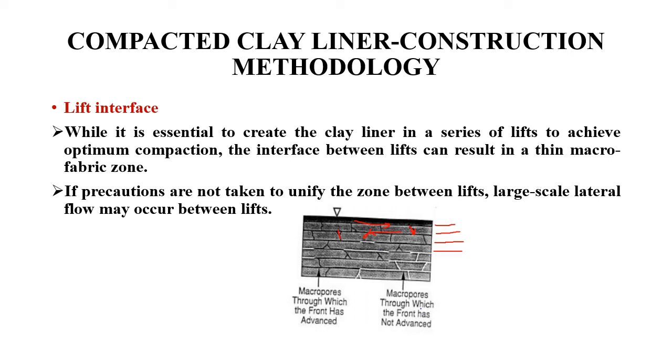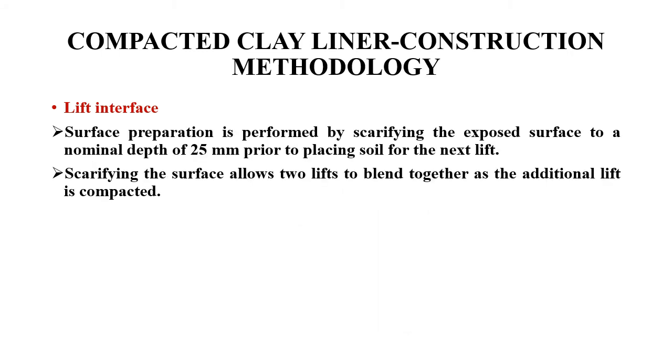Now to make sure that your lift interfaces are bonded properly, so that no such leakage or flow happens, once one of the soil lifts is laid and compacted, normally we do a process called scarifying. Scarifying means a sort of roughening.